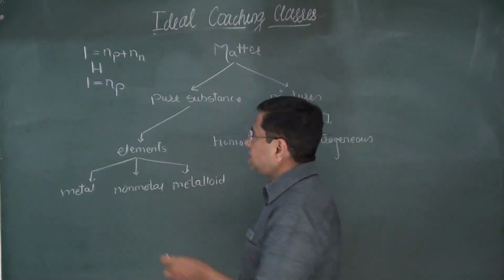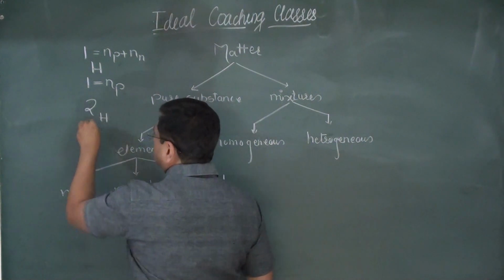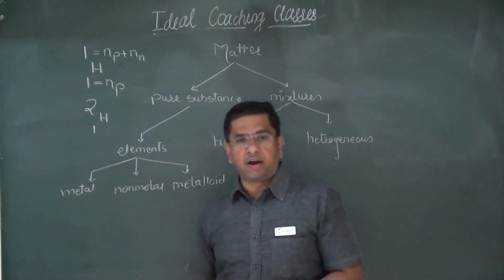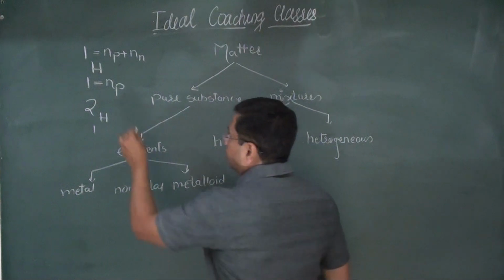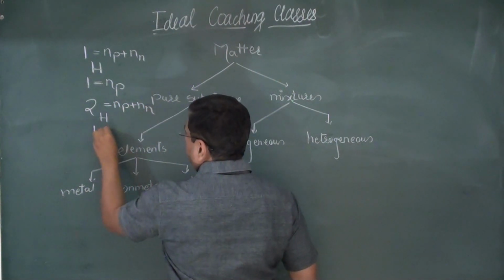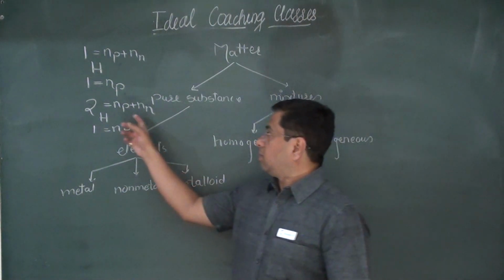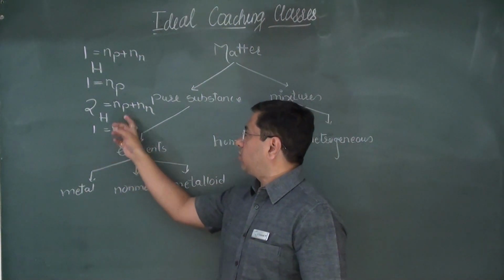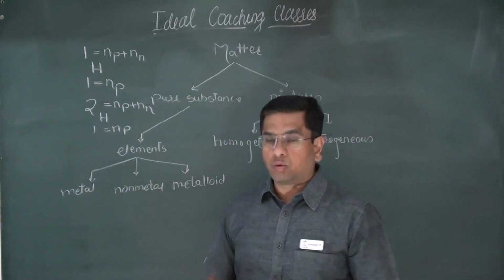Of course, there is another isotope of hydrogen which is 2H1. This is called deuterium, and this isotope of hydrogen, 2H1, will have number of protons equal to 1 and number of neutrons equal to 1, because if I substitute the number of protons 1 over here, the number of neutrons will definitely turn out as 1.